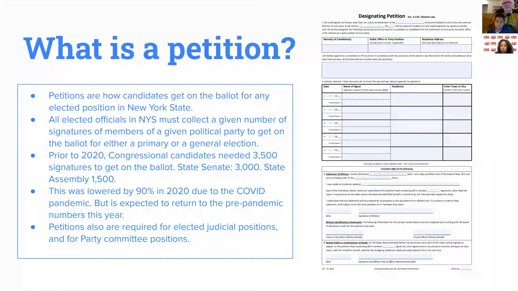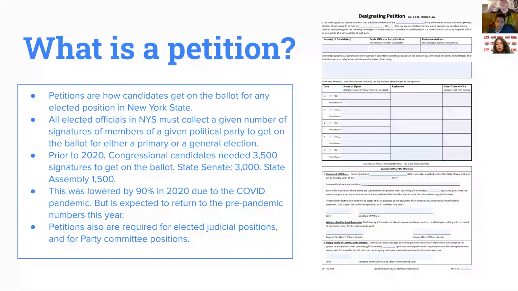If you are looking to become a committee person for the first time, your signature goal is at least 5% of the Democrats in your electoral district. So it's going to vary by electoral district compared to the candidates that have a set requirement. The goal is always to double your signatures, no matter what the candidate is, or if it's a committee person running, just in case, which we'll get to later on.